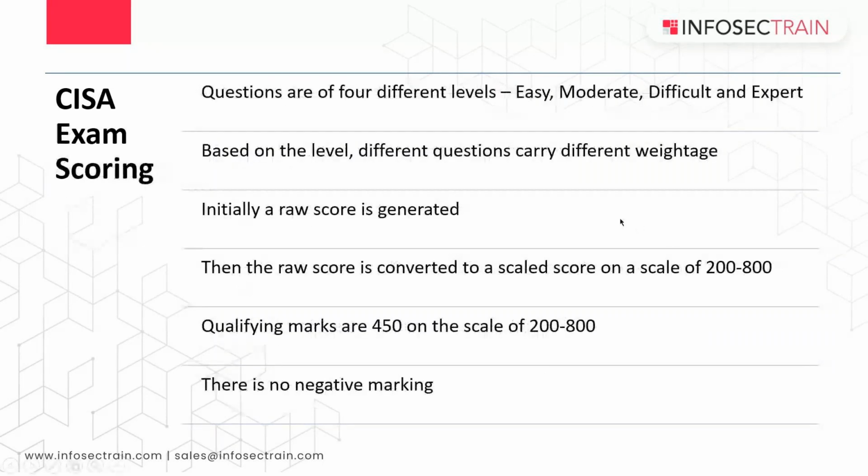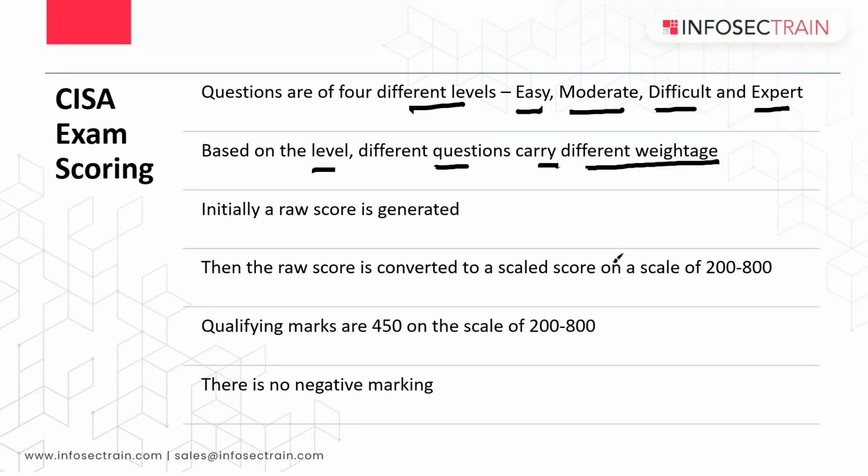Now, these 150 questions are actually of different levels. So there are some easy questions, there are some moderate questions, there are some difficult questions, and there are some expert level questions. And based on these levels, different questions will be carrying different weightage.